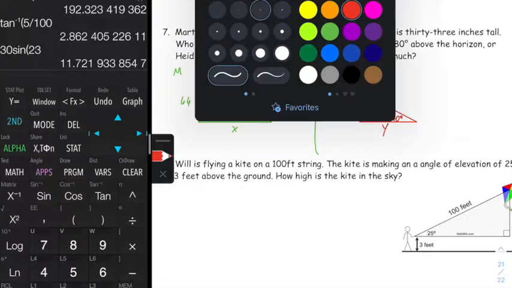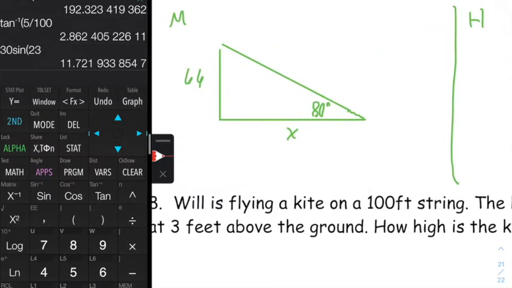On both of these, the setup will be pretty similar. We'll label the opposite, the adjacent, the hypotenuse, and the trig function that uses O and A is tangent. So we'll say tangent of 80 degrees equals 66 over x.